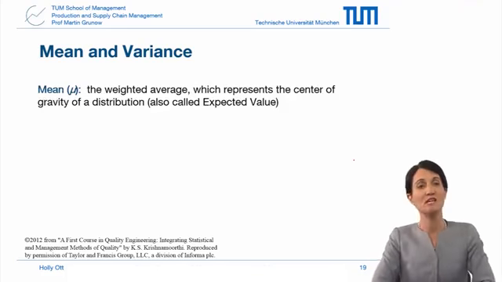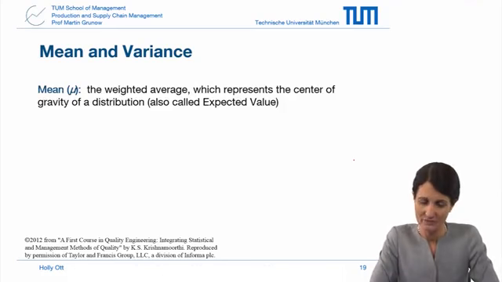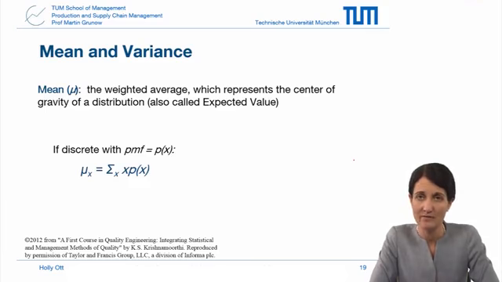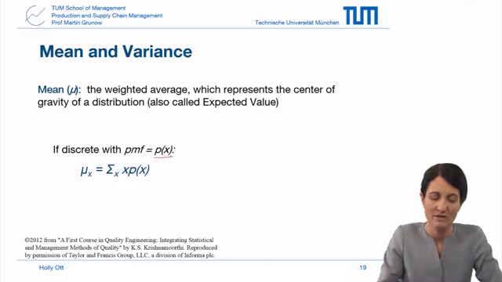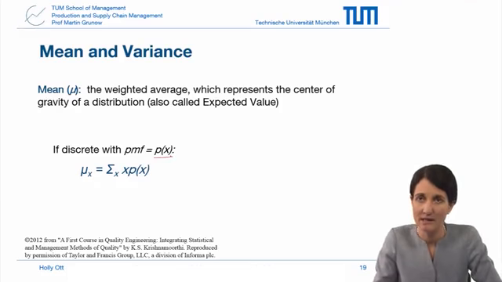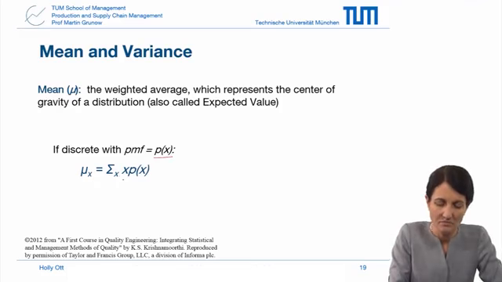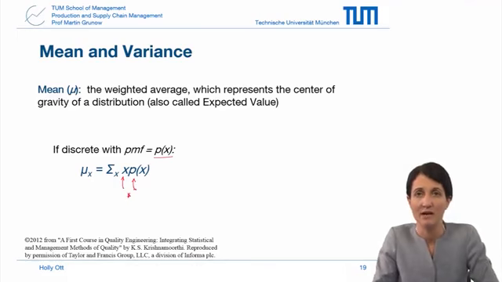Now, what does the mean mean? The mean is the weighted average. It represents the center of gravity of a distribution, and it indicates where the distribution is located on the x-axis, where the central point is located for the distribution. So if x is a discrete random variable with a PMF equal to p of x, the way we calculate the mean is that we sum for all possible values of x, the value of x multiplied by the PMF.